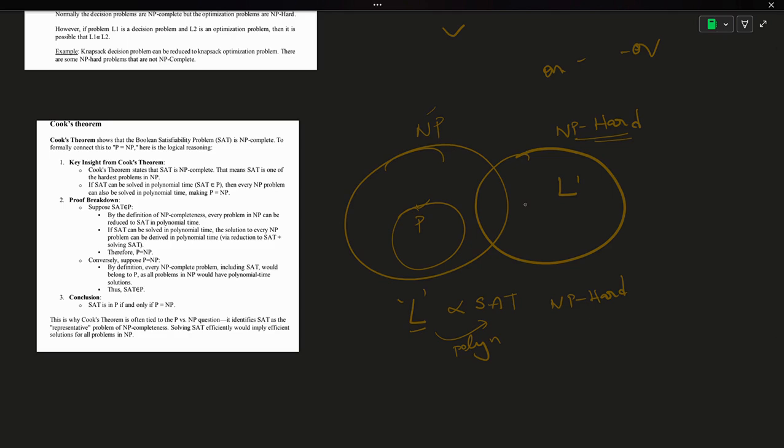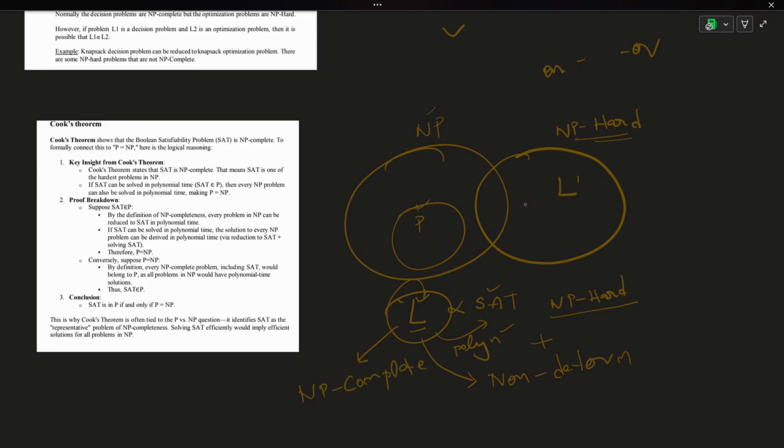So we have seen that if a problem L can be reduced to the satisfiability problem in polynomial time, it falls under NP-hard. And if this particular problem L also has a non-deterministic algorithm which runs in polynomial time, then the combination of these two makes this problem L fall under the category of NP-complete.